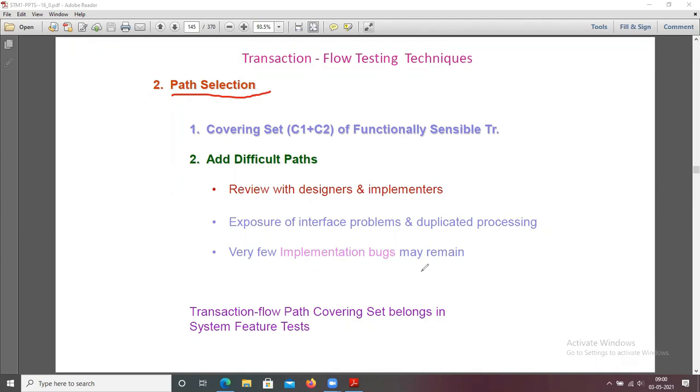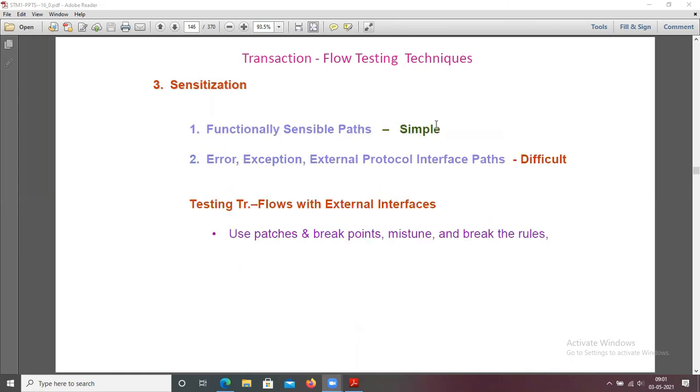And the next one is path sensitization. I hope you all know path sensitization.